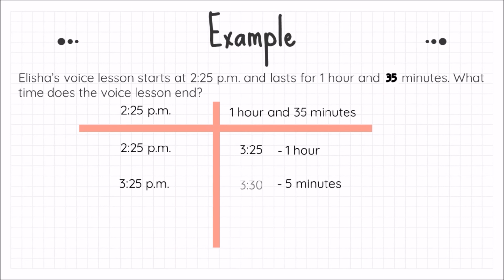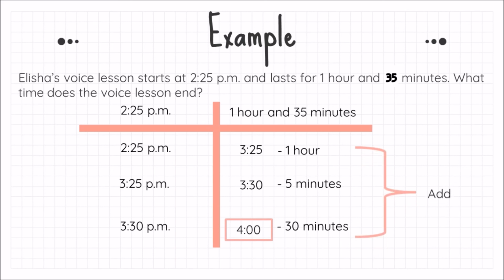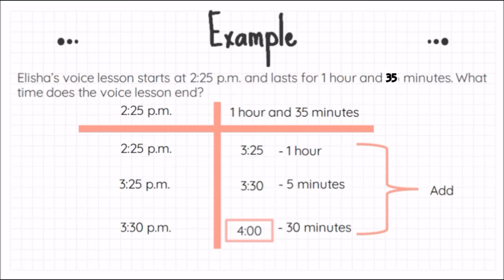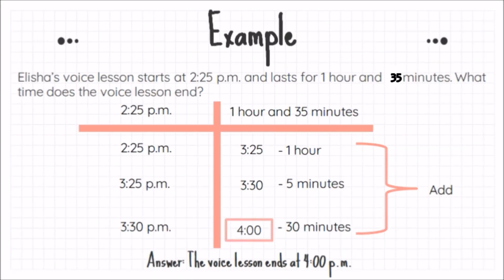That would be 3:30. Now, we still have 30 minutes left to add. 3:30 plus 30 minutes is 4 o'clock p.m. We add this and have a total of 1 hour and 35 minutes. So what time does the voice lesson end? That's great! The voice lesson ends at 4 o'clock p.m.